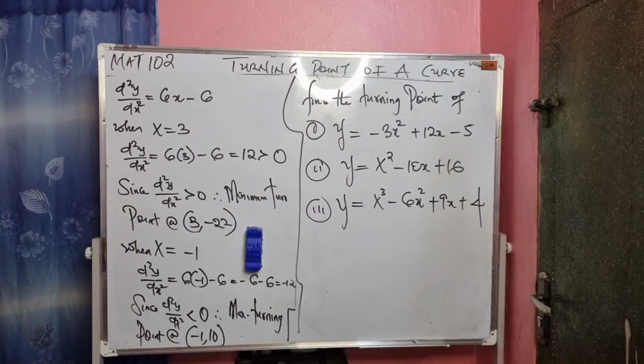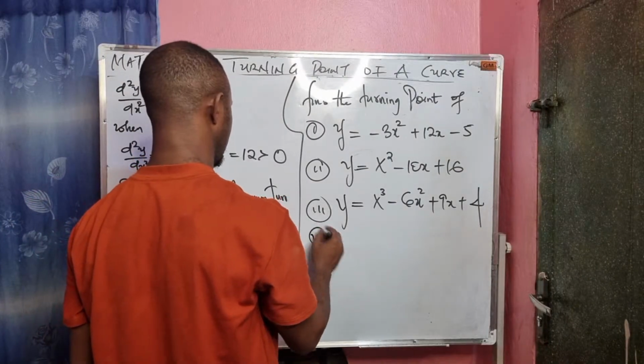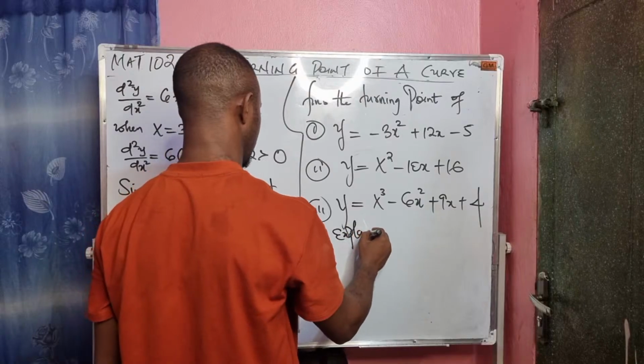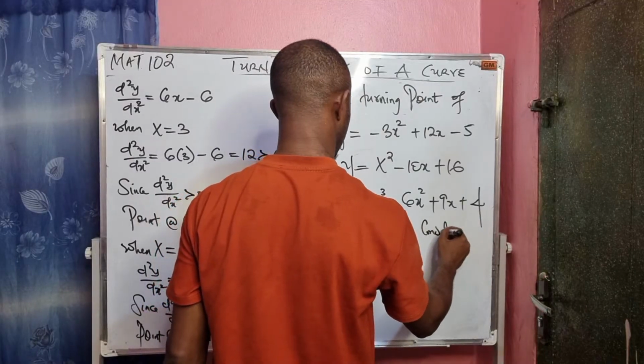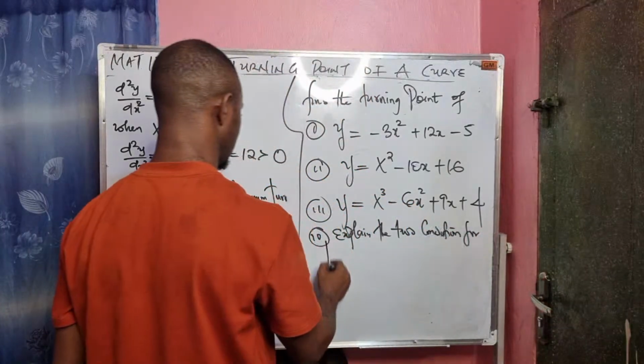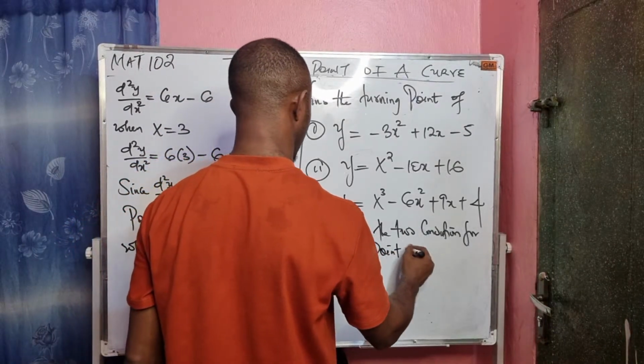Number 4: explain the two conditions for turning points of a curve.